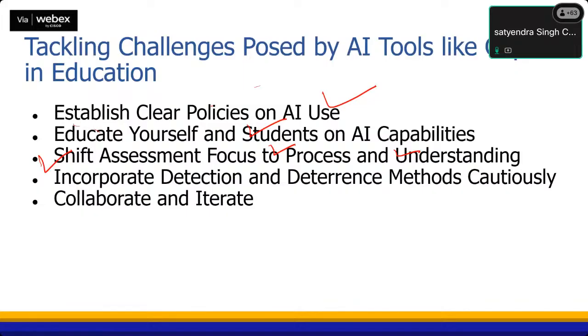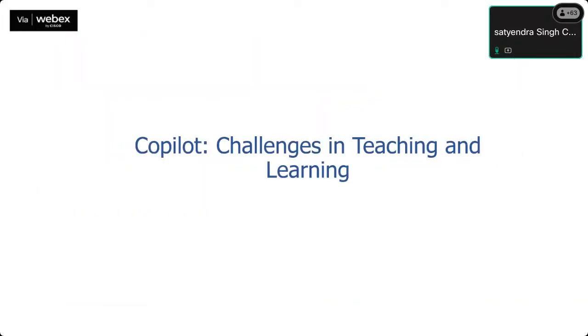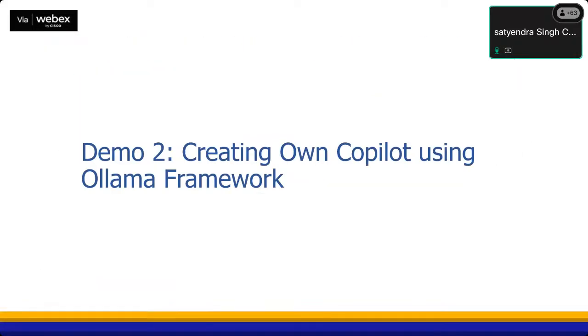Even if you don't have internet, how you can simply use those copilots in your particular system. That brings the LLM or the copilot onto your premises, offline in your system, using Ollama. We'll see this after 5 minutes.